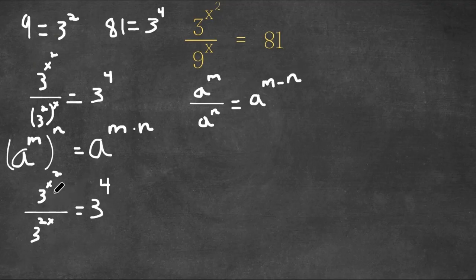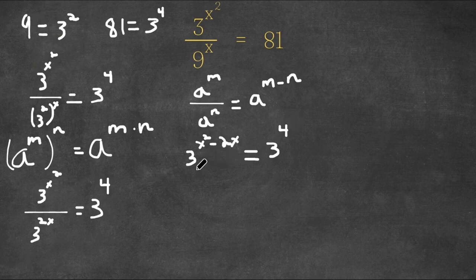So right here we have 3 to the power of x squared over 3 to the power of 2x. Well, this would equal 3 to the power of x squared minus 2x. And this is still equal to 3 to the power of 4.